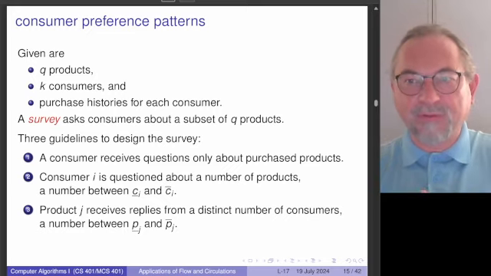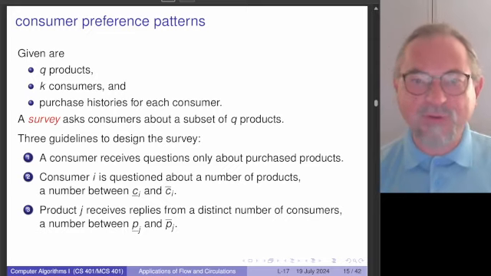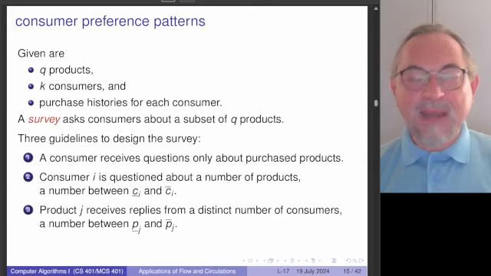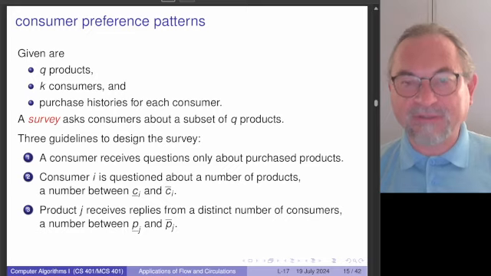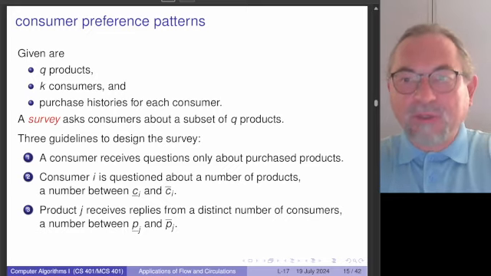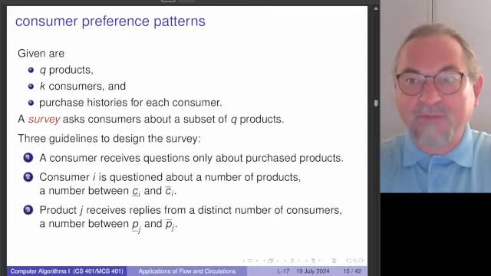So we want to involve all our consumers. I think a natural lower bound is at least one, because every consumer bought at least one product. But also there might be a natural upper bound, and that would be the number of products that the consumer purchased.